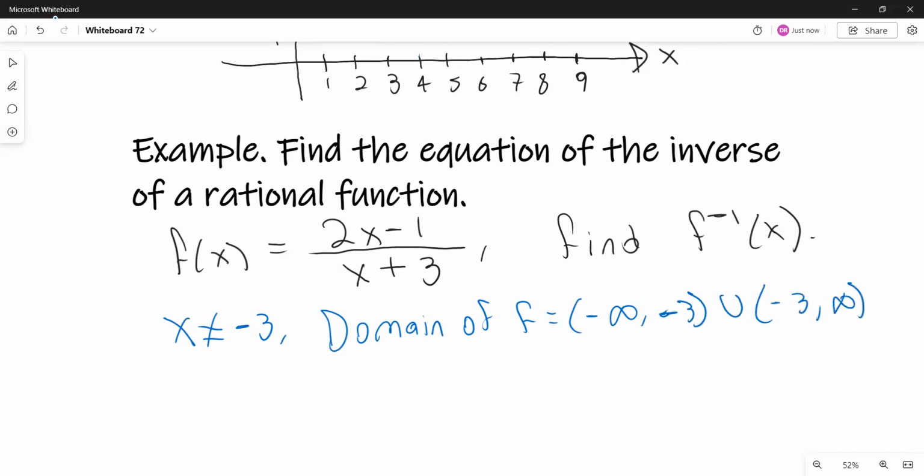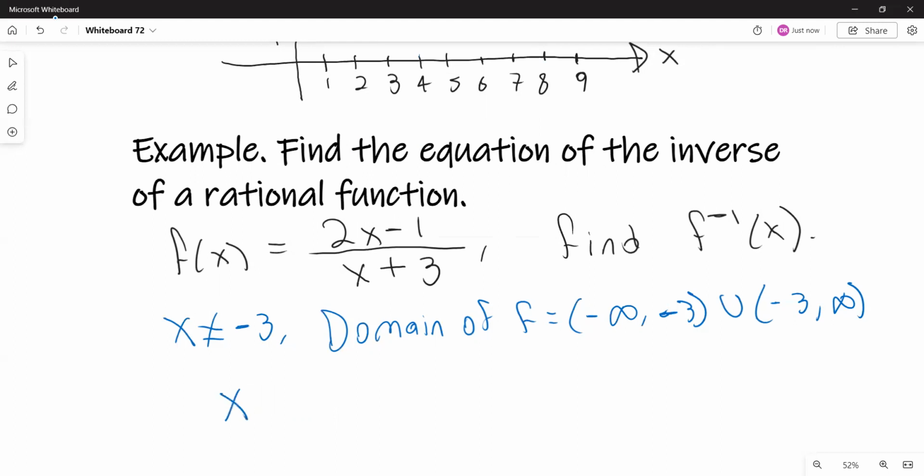Also, y cannot be equal to 0. So there is no x value. Let's see. Okay, just making sure. Actually, that is going to be equal to 0. So we're going to determine the range later on. Forget about this for now. We're going to start by finding the inverse.